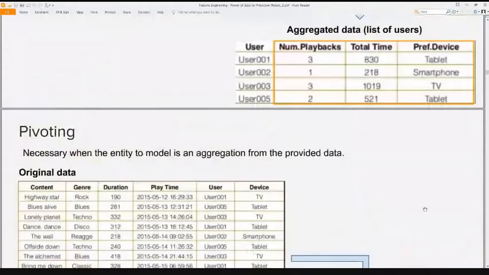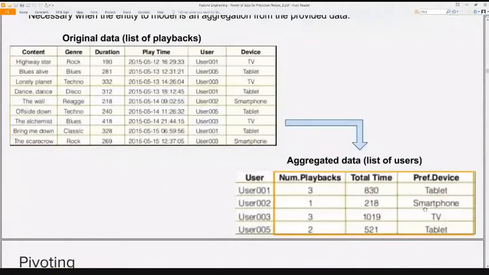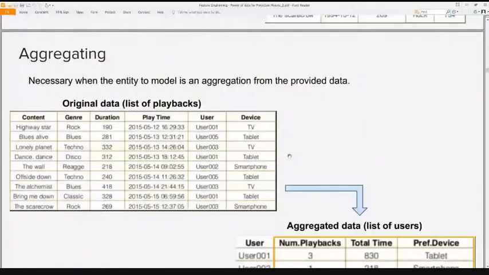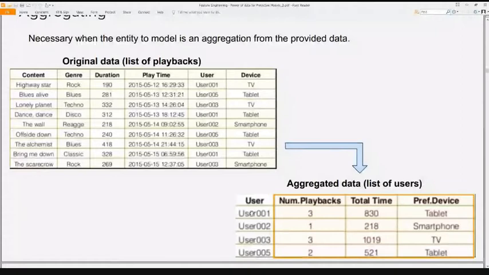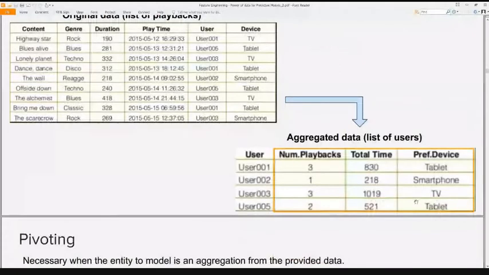So when you're aggregating, for instance, in this case, I group by user ID, then I aggregate number of playbacks, dot count or sum, total time dot sum, then we can have the preferred device, which we'll take as the most frequently appearing instance, more like a mode.